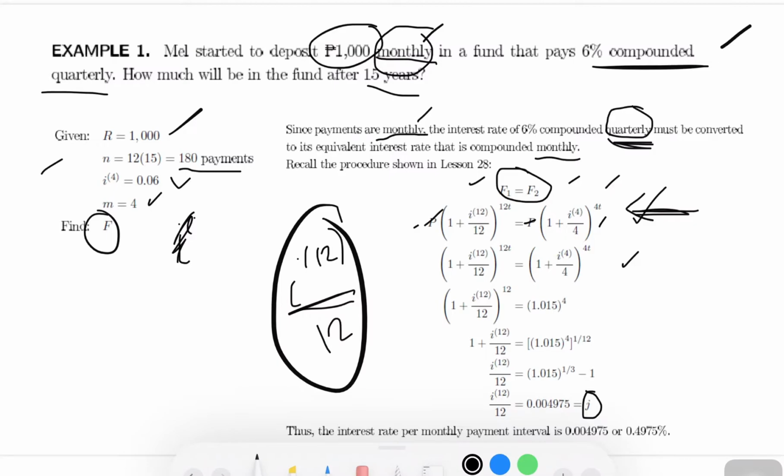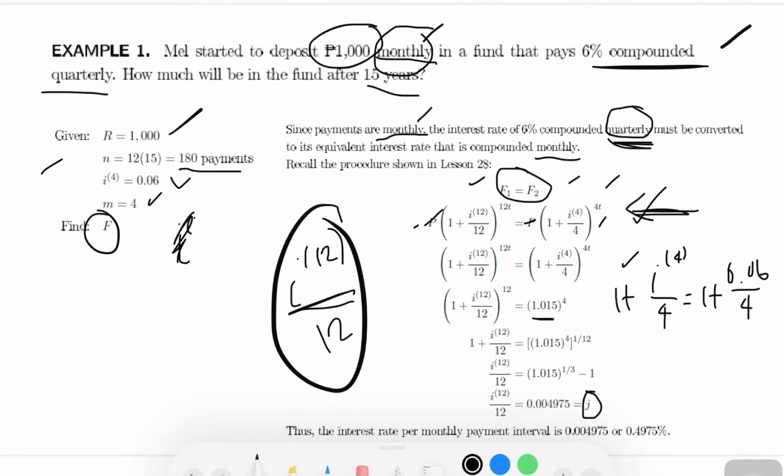And next, by substitution, this is 1 plus i^(4) over 4, which is 1 plus 0.06 over 4. Using your calculator, that is equal to 1.015.